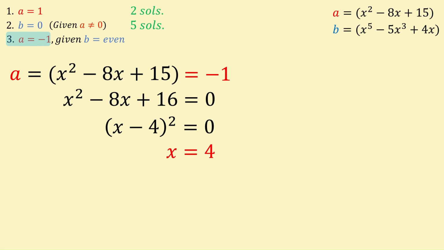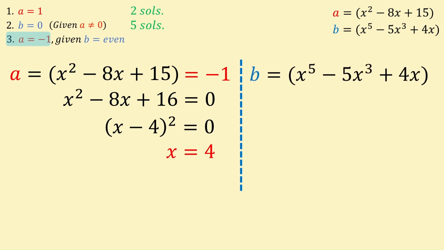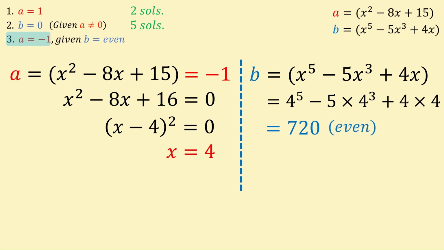We now need to check if x equals 4 makes b even. So plugging 4 into all of our x values gives 4 to the 5 minus 5 lots of 4 cubed plus 4 lots of 4. From here we can factorize further or simply evaluate each term to get 720 as the answer. 720 is even, so x equals 4 is a valid solution.